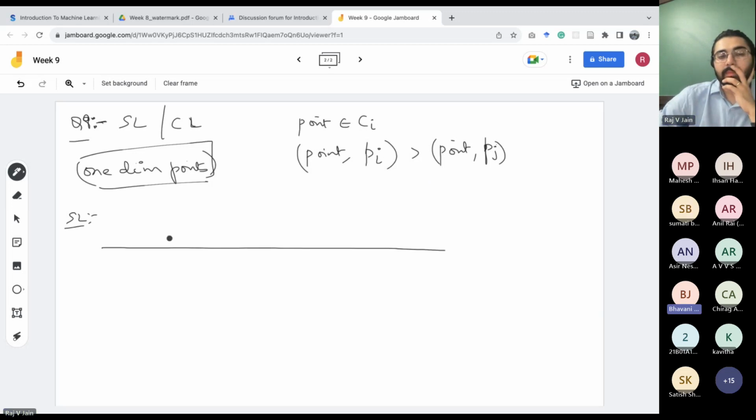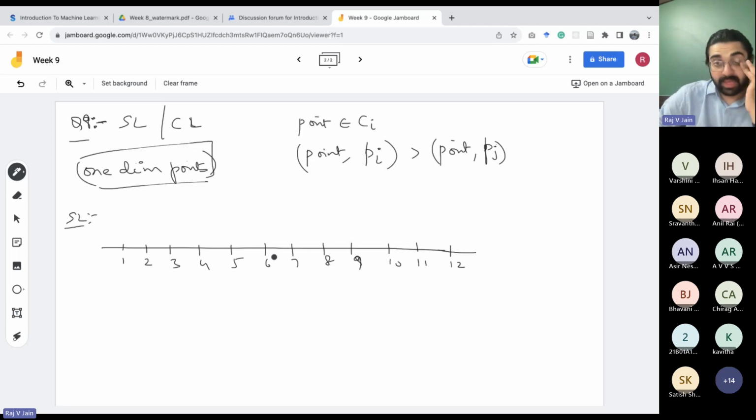Not sure how, we have to draw that, sir. It's a one-dimensional space. So how would you put points here to prove it?